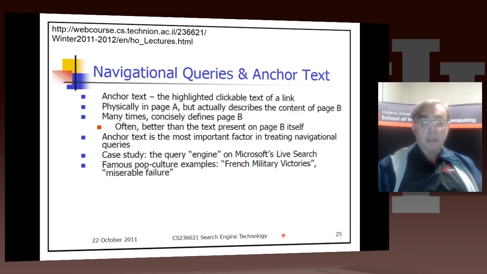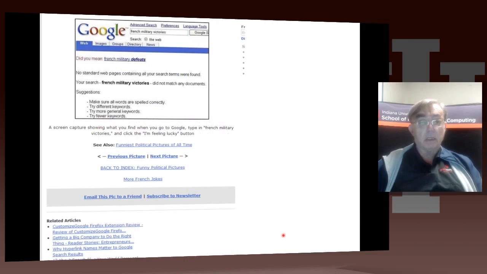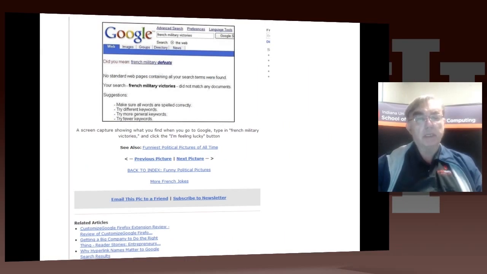We will see a couple of famous results here, one for the query French military victories and the other for engine. Let's look at that. So we mentioned a couple of examples. One was the French military victories example.